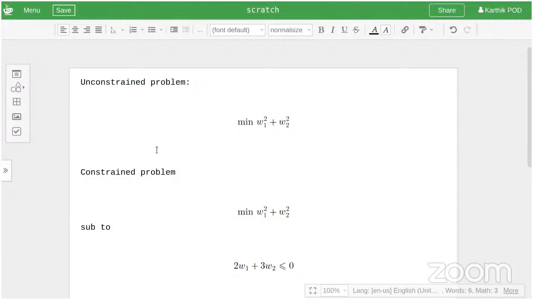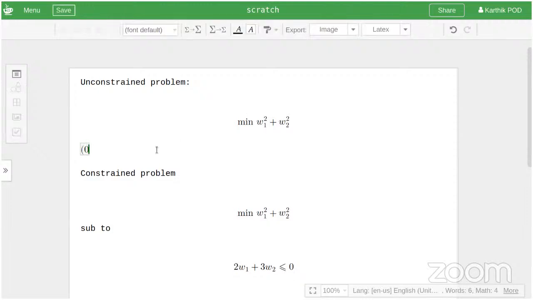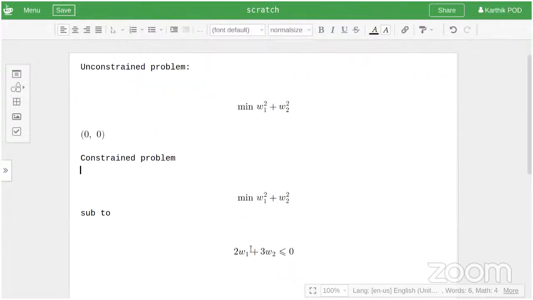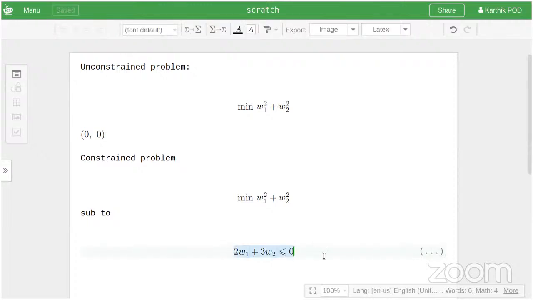You will get one point, right? In this case, it will be 0, 0. Now, if you try to solve the constrained problem and 0, 0 is still the solution, then this particular constraint had no use. That case is called an inactive constraint, where it's as good as not having your constraint at all.